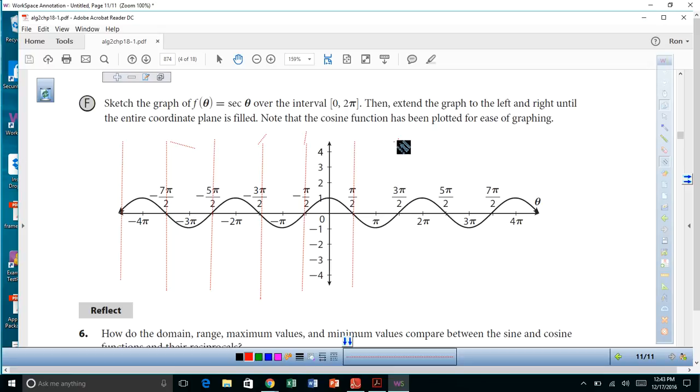It's off a little bit. And there we go. And then there we go. Clean it up a little bit.